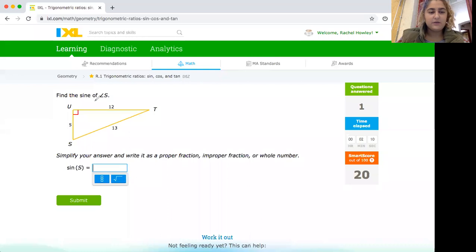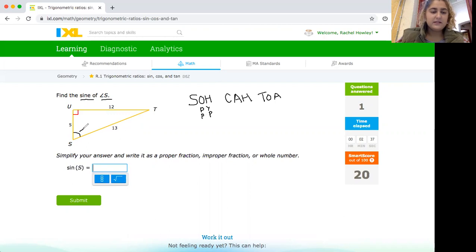Okay, so if we want to do another one, this one is looking for the sine of angle S. So again, we're using SOHCAHTOA. If this is angle S, we're looking for sine, and so sine is always opposite over the hypotenuse.